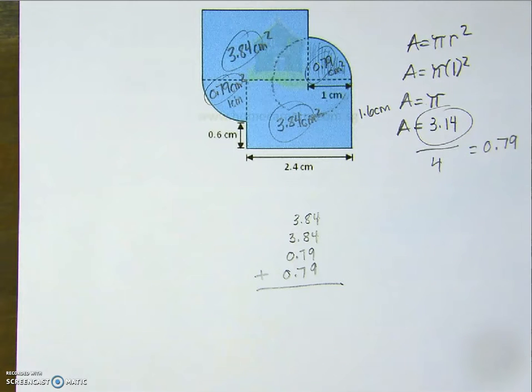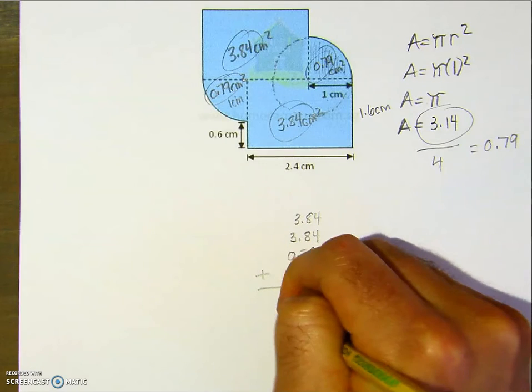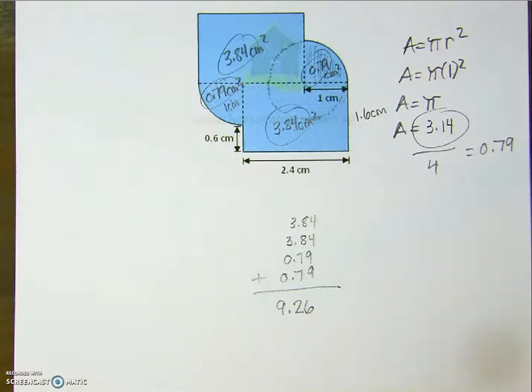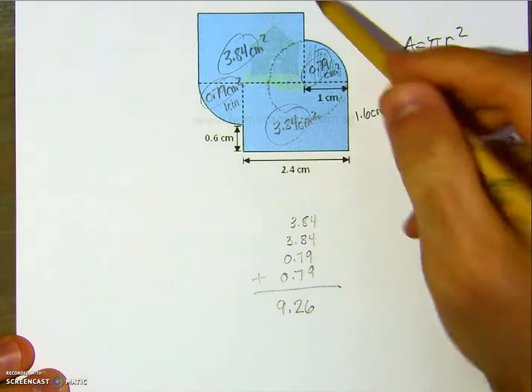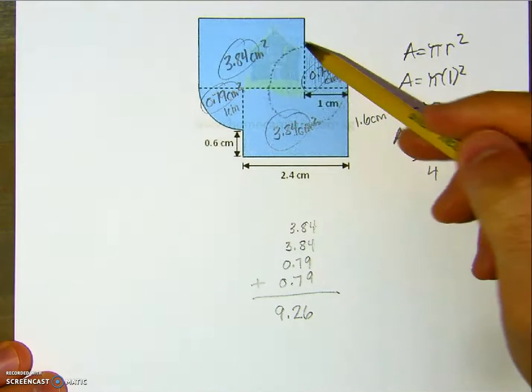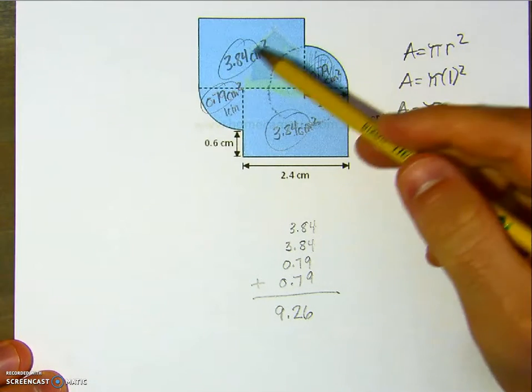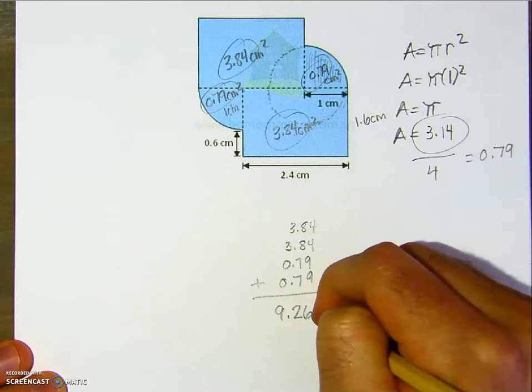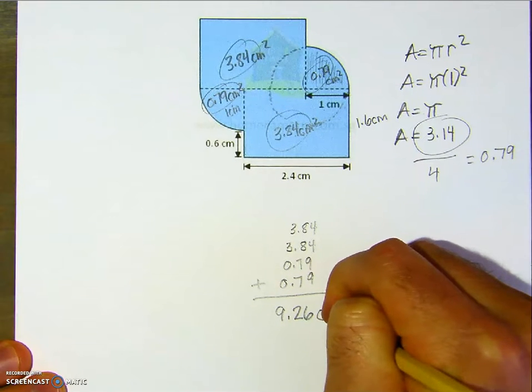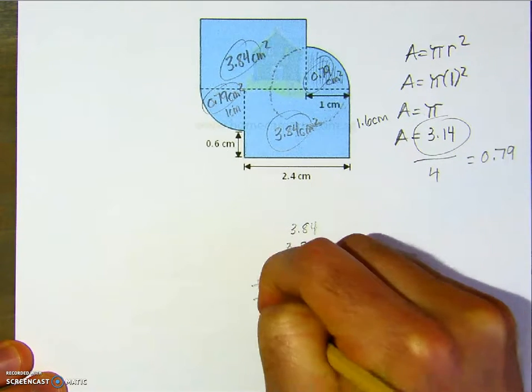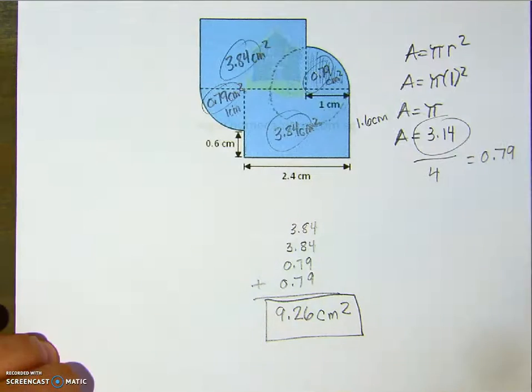So I'm going to go on my calculator real quick. 3.84 plus 3.84 plus 0.79 plus 0.79. And it ends up giving me 9.26. All right. So the total area, everything that you see in blue right here, all of it combined is 9.26 centimeters squared. There you go.